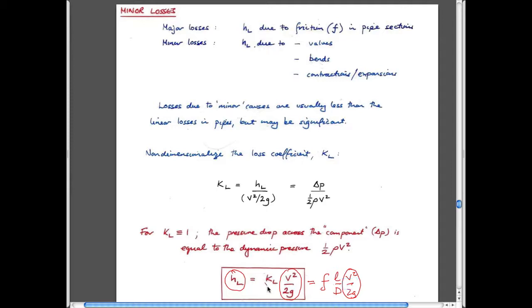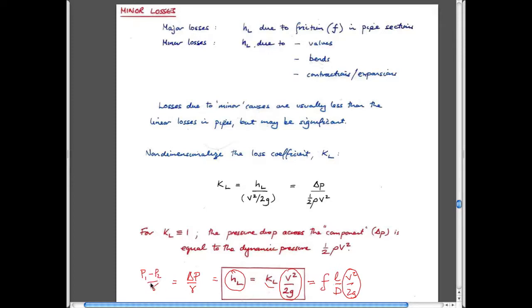Typically, if you want to figure out what this loss coefficient is, you have a pipe, you put water along it at some flow rate, and you measure the pressure you have to apply between upstream and downstream, because we know that, for instance, the head loss is just equal to the pressure drop over the length of the fitting, which is input pressure versus output pressure, over unit weight.